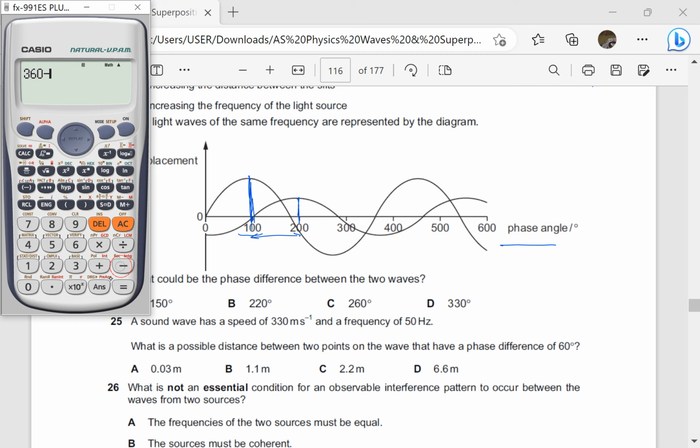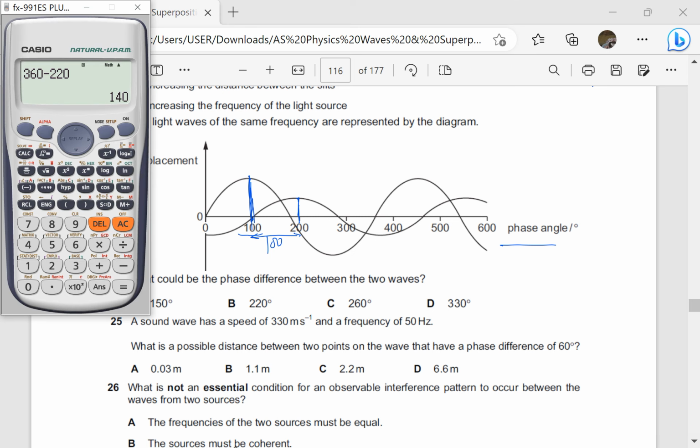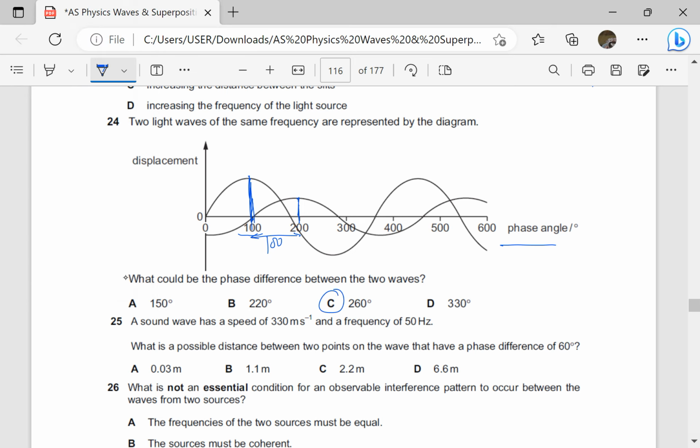The phase difference is 100, so we have 360 minus 100, that is 260. So the phase difference between the two waves could be 260, after considering one cycle.